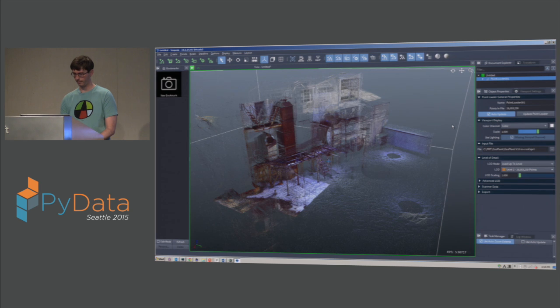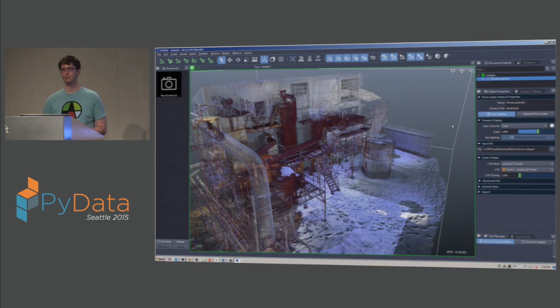And who would be the most frequent customer for this kind of technology? Movie industry, game industry? No, the market sector is often called AEC, architects, engineers, construction.